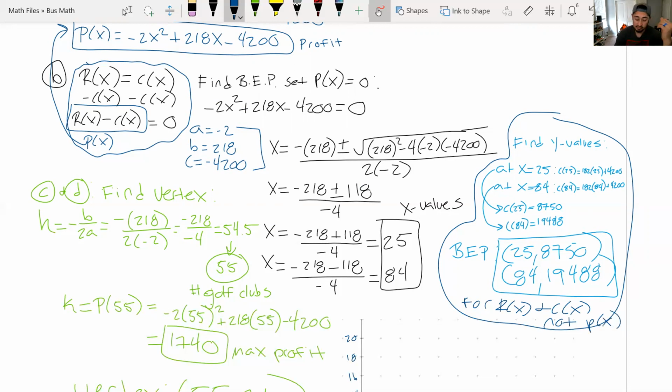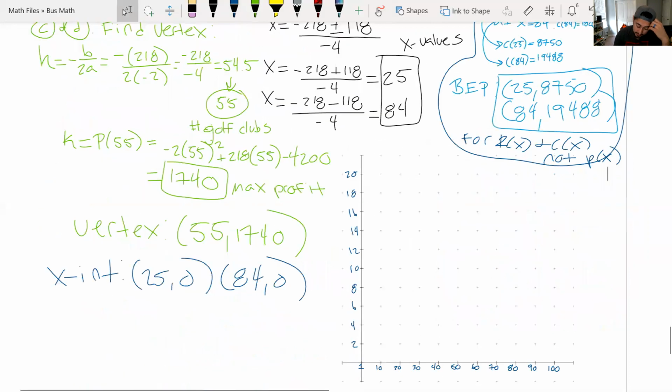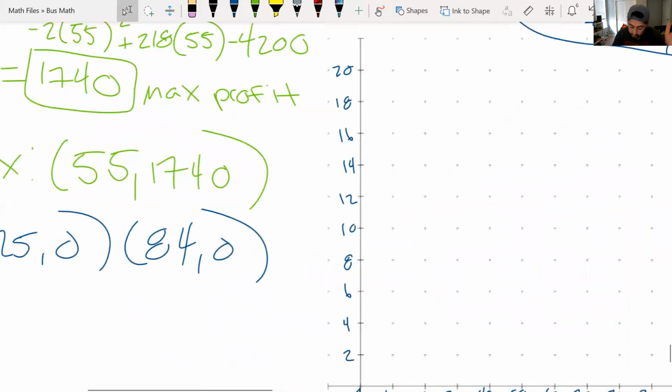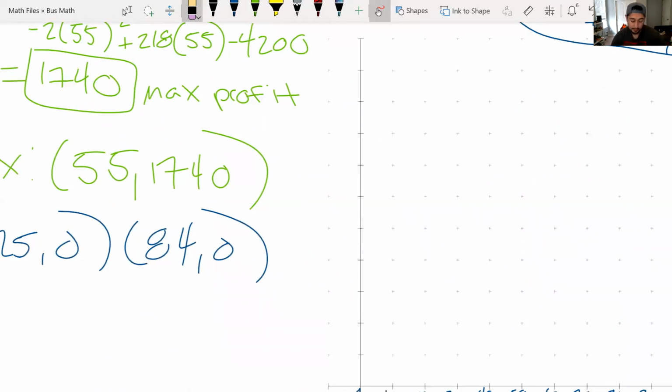Okay, sorry guys. So that means, again, coming back to step E, graphing it, the x values actually magically are fine. The y values I do not need. So let me erase these. Because now, based on the 3 points you see on the left, the only y value I have here is 1740.